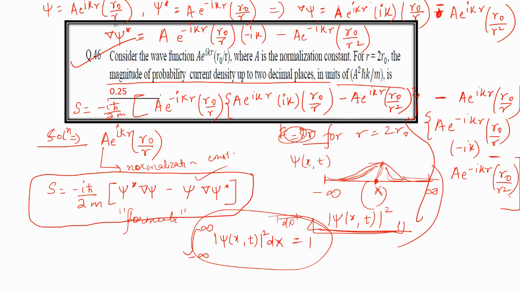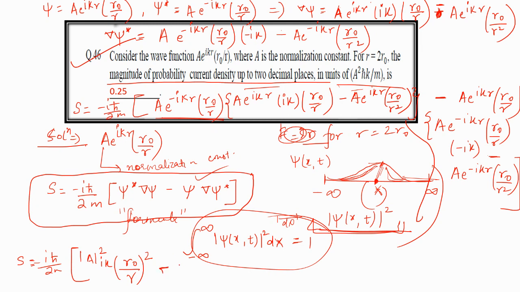Okay, very heavy calculation. So iota h cross upon 2m. This term, if I multiply it inside, will become A square. The e raised to the power minus iota k r and e raised to the power plus iota k r will cancel each other, leaving r naught upon r square, and iota k is also there.